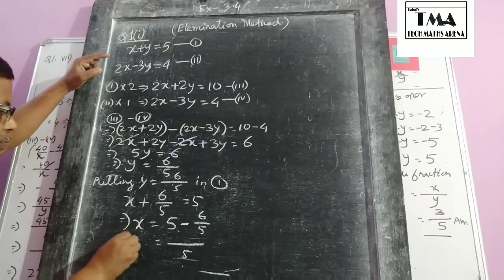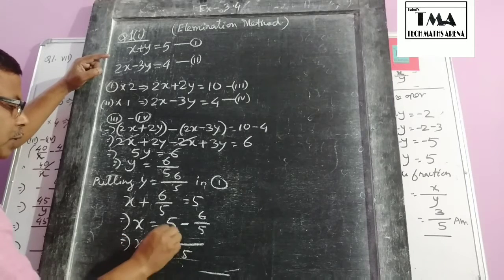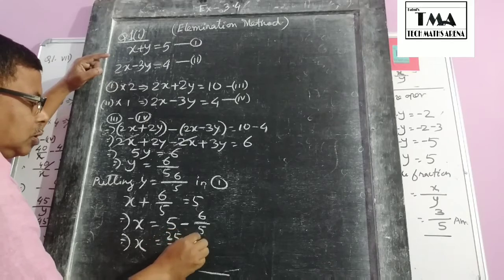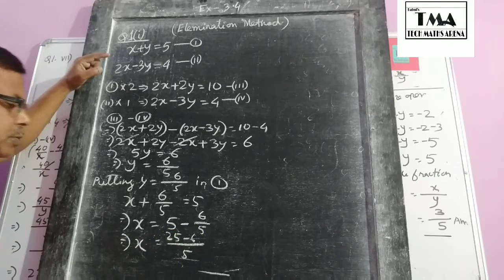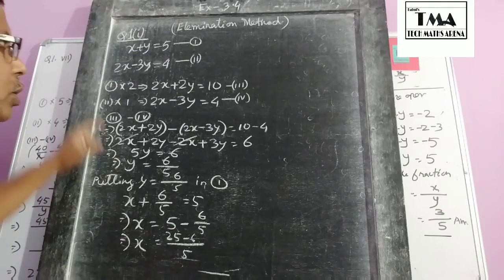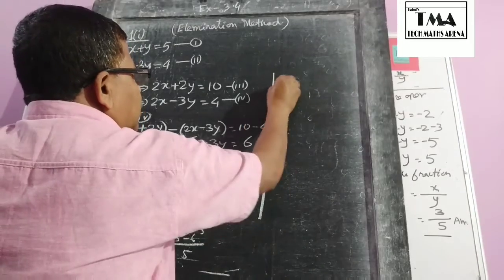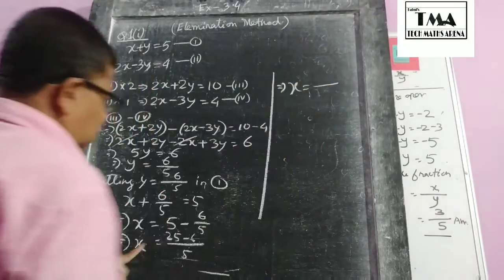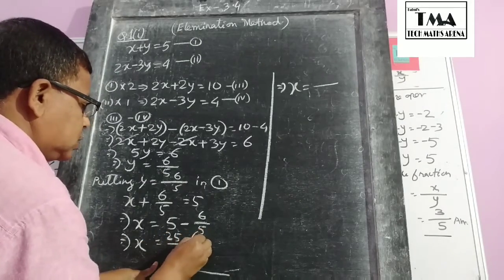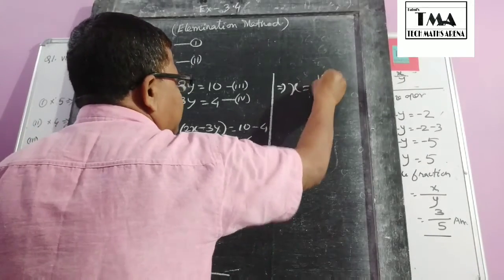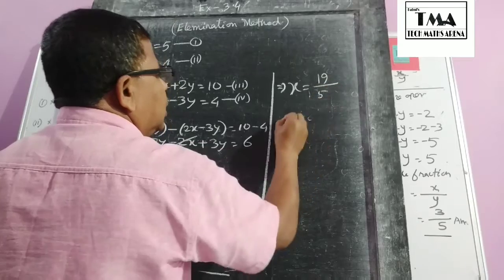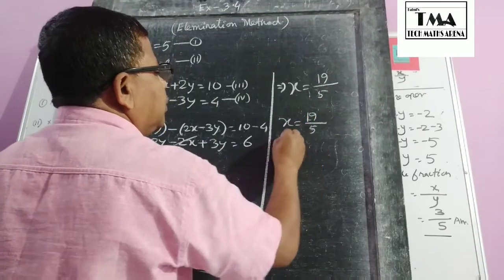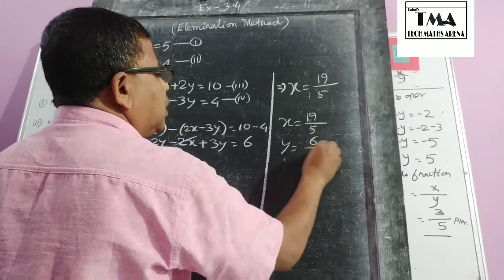After taking LCM, 5 fives are 25 minus, 5 1 is 5, 1 into 6 is 6. Is it? So then x is equal to how much? 25 minus 6, is 19 by 5. Hence x is equal to 19 by 5 and y is equal to, we have got 6 by 5.